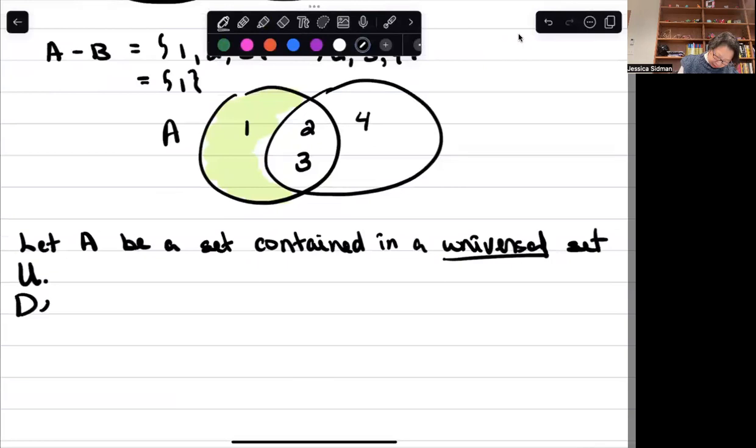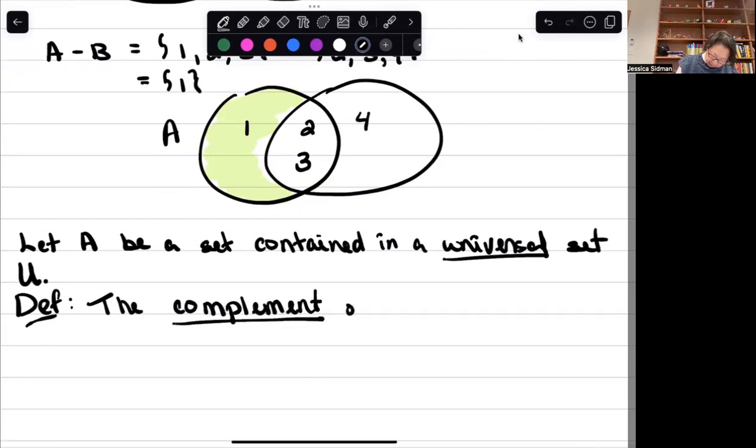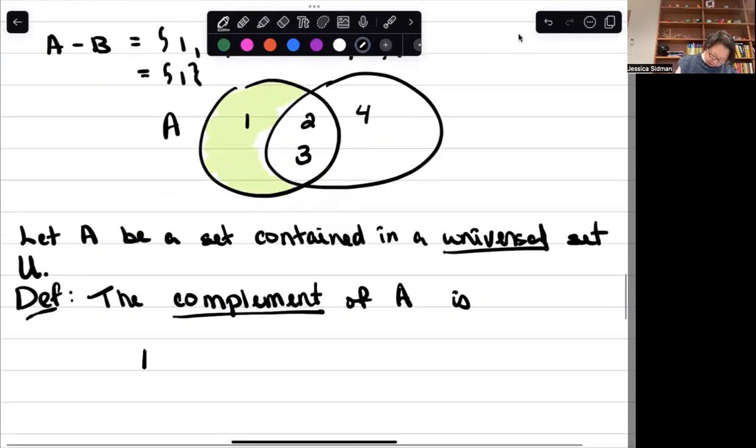So, definition: the complement of A, I'm going to denote A with a bar on top.